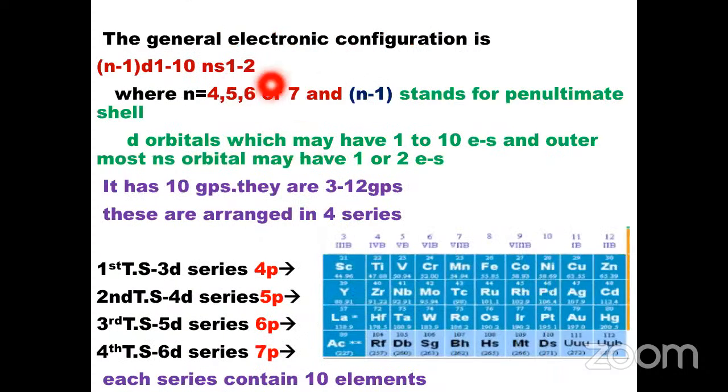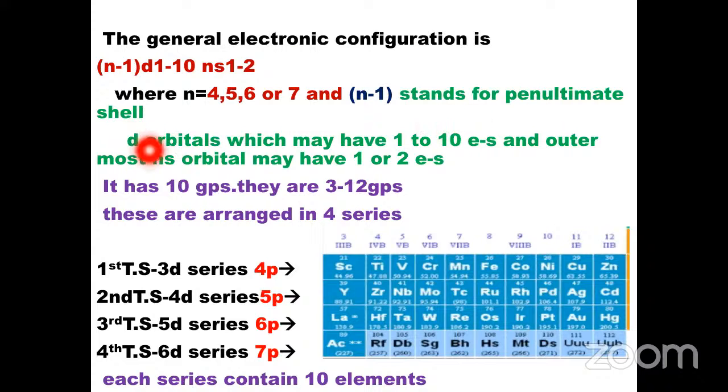General electronic configuration of D block elements. This general electronic configuration is (N-1) D 1 to 10, N S 1 to 2, where N is equal to 4, 5, 6 or 7. Here the N-1 stands for the penultimate shell.